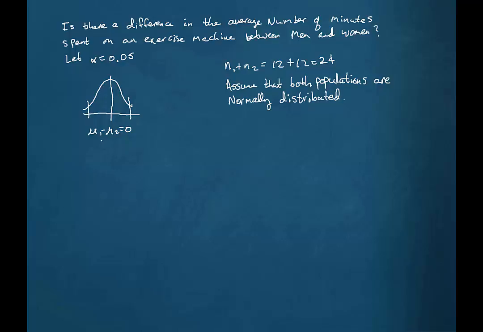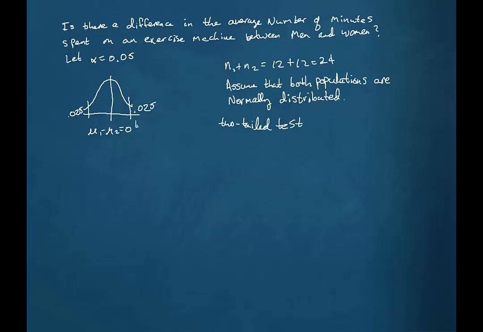Because the question is not asking, is the first mean larger than the second mean, or the first mean smaller than the second mean, in which case we'd have either a right tail or a left tail test. It's just asking, is there a difference? So we have a two-tail test here. And so we would break our alpha out into the two tails. So we would have 0.025 in each tail.